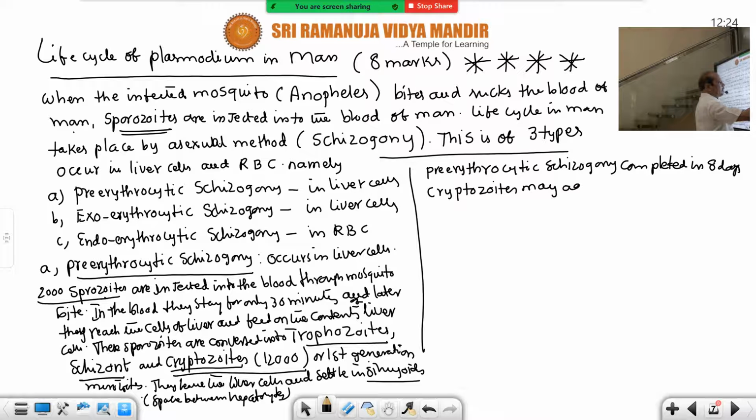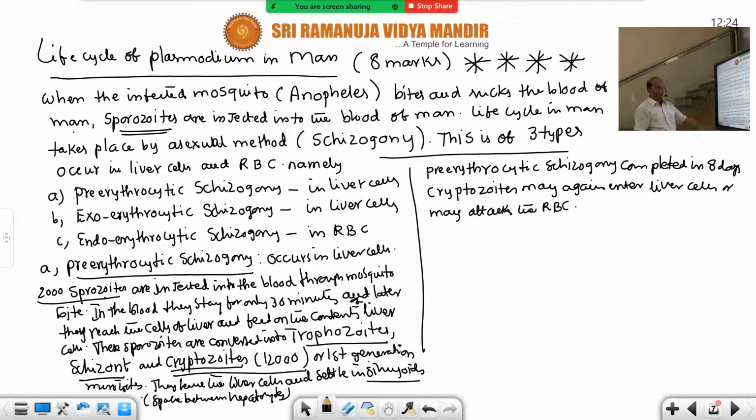Cryptozoites may again enter liver cells, or may attack the erythrocytes, RBC. Either of these can be done by cryptozoites.